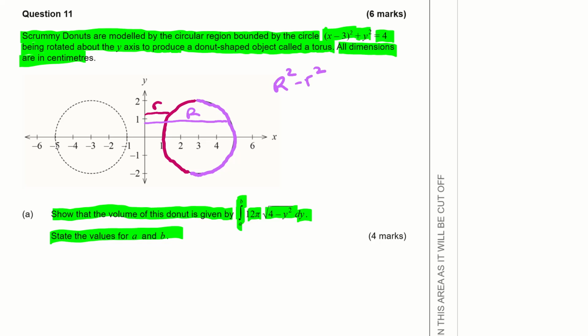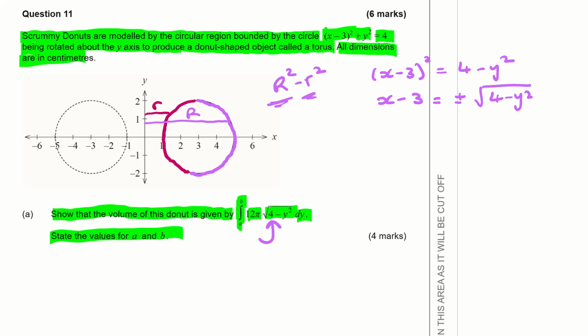From the equation we have (x − 3)² = 4 − y². So x − 3 would be plus or minus the square root of 4 − y², and that's going to give me my R and my r, I'm pretty sure.